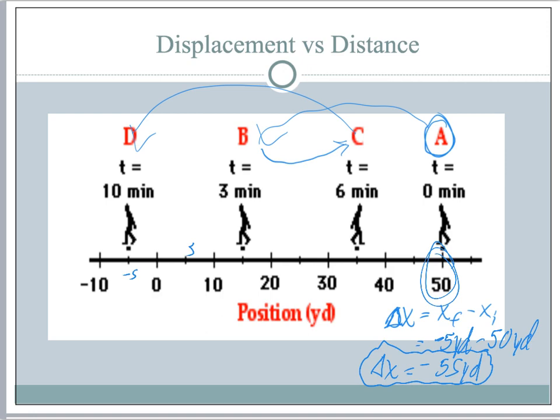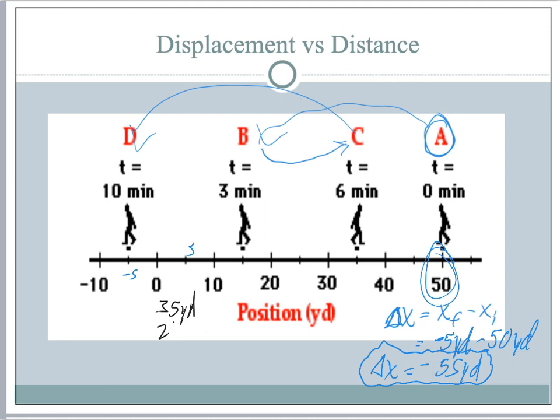And then how would you go about solving for the distance? Well, the distance, again, we just add the numbers up as time goes by. So from 0 to 3 minutes, how far did he walk? Well, it looks like he walked from the 50 all the way to the 15-yard line. So to me, that's 35 yards. So he walked 35 yards from point A to point B. Then from 3 minutes to 6 minutes, he walks from the 15-yard line to the 35-yard line.